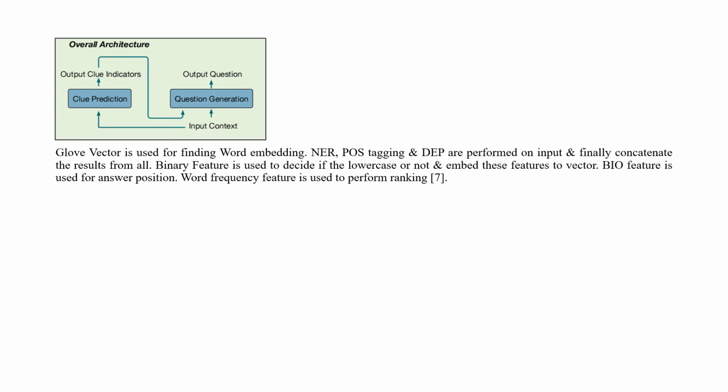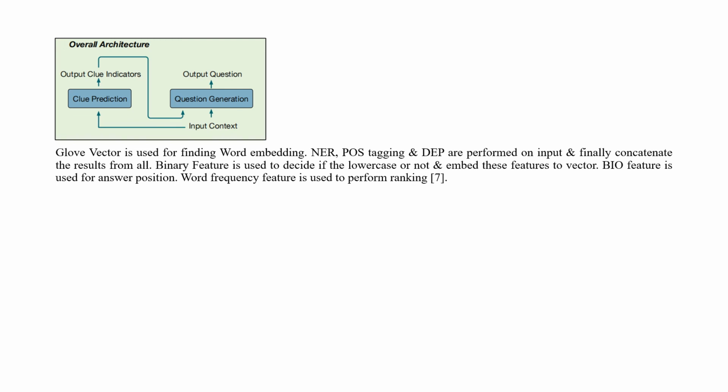This is the overall architecture, where we have maintained one separate clue prediction part whose output will be the clue predictors, meaning for a particular clue, whether this is important or not. Those indicators will be the output of the clue predictor, and this will act as an input to the question generation system with the input context, and we will get our output questions.